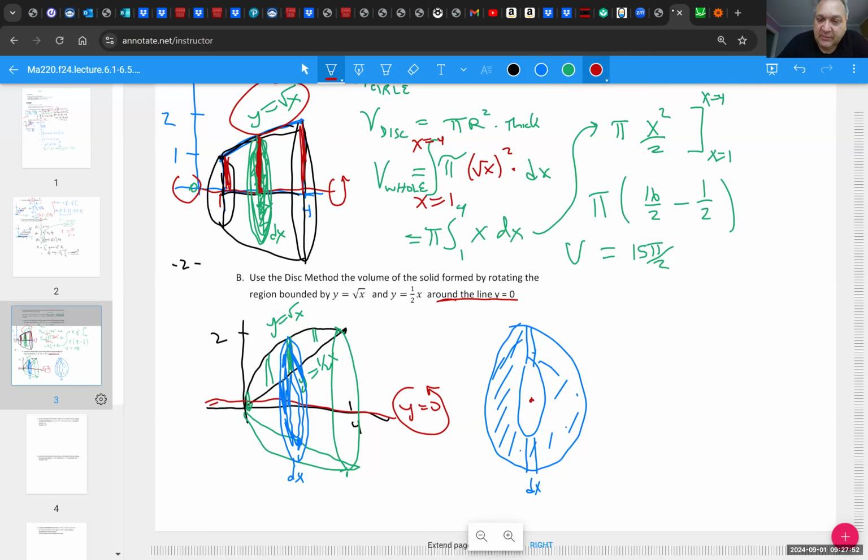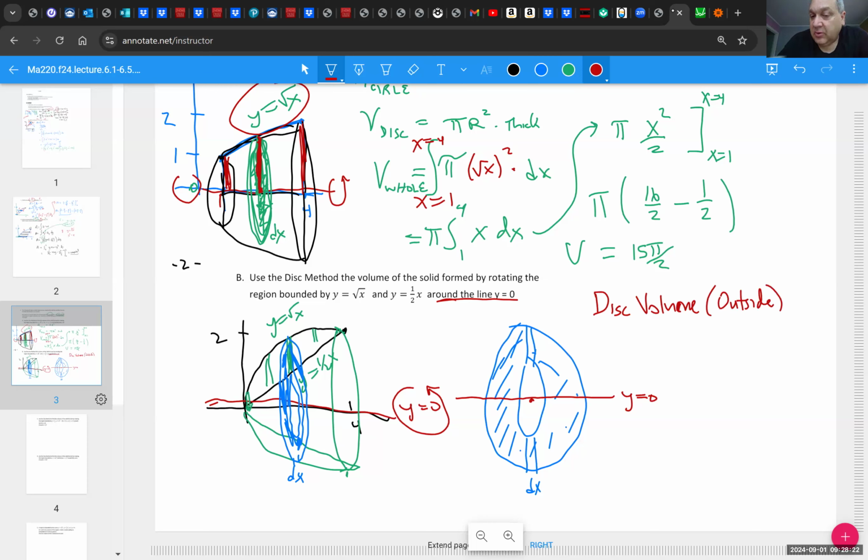Our axis of revolution is right here in the middle. That's our y equals 0. That's important because radiuses always measure from the center to the outside. All right. So what is the total disc volume? This is really the outside, right? So this is the outside one.